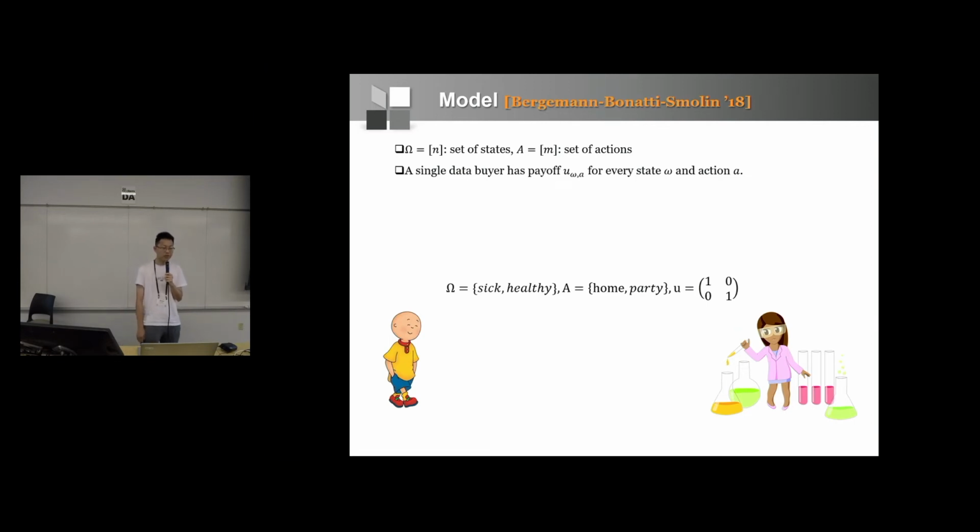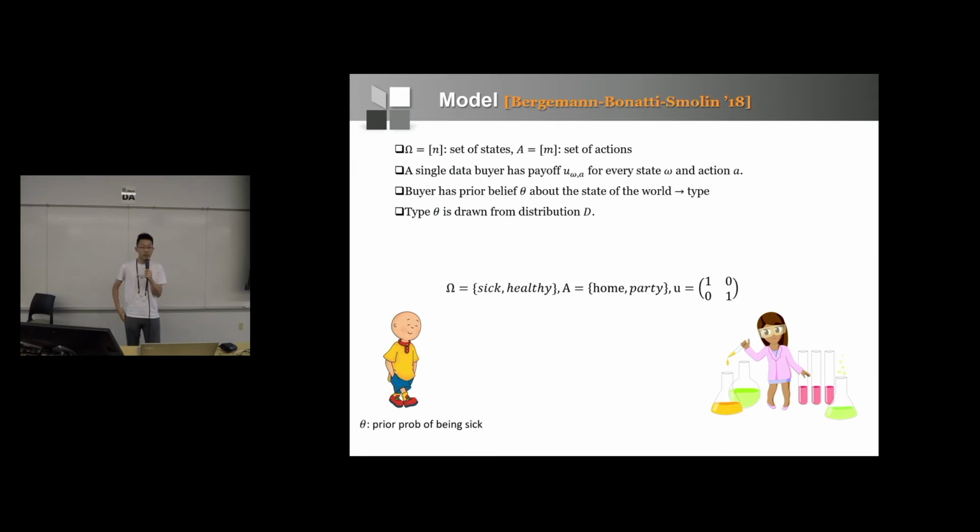For given states and actions, there is a fixed payoff for the buyer. Here's an example where the person is concerned about getting COVID. The state of the world is whether the person is sick or healthy, and the utility payoff is just this simple 2x2 identity matrix.